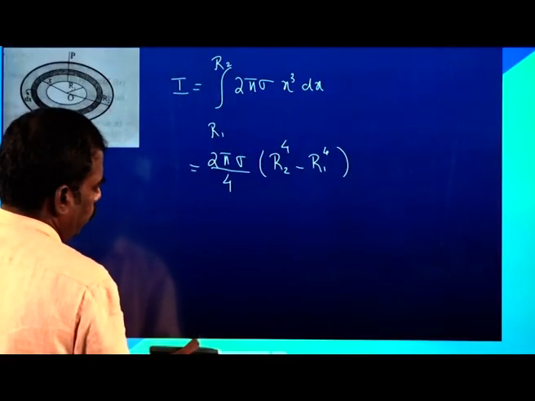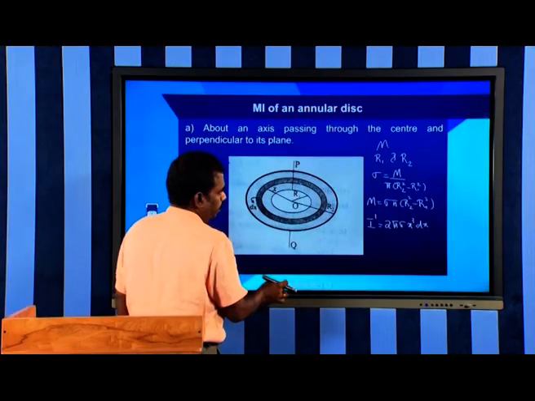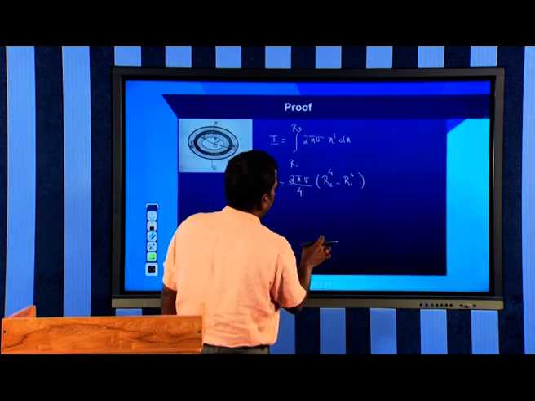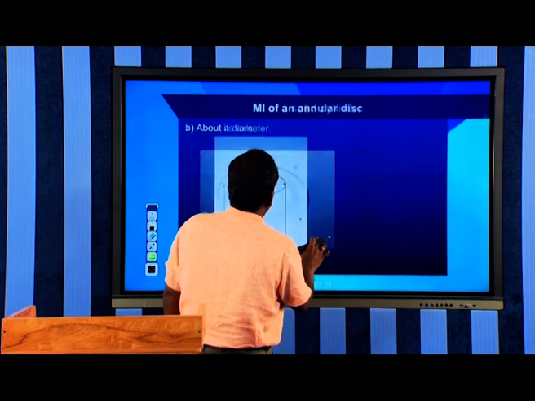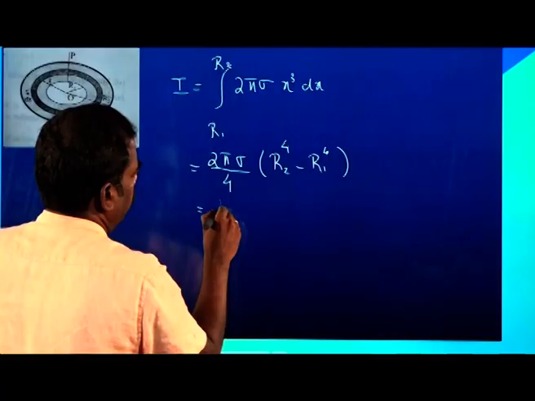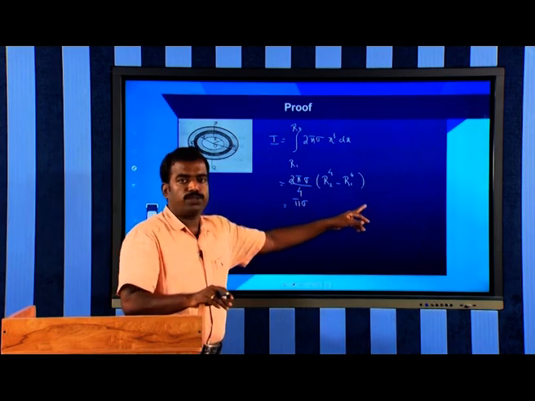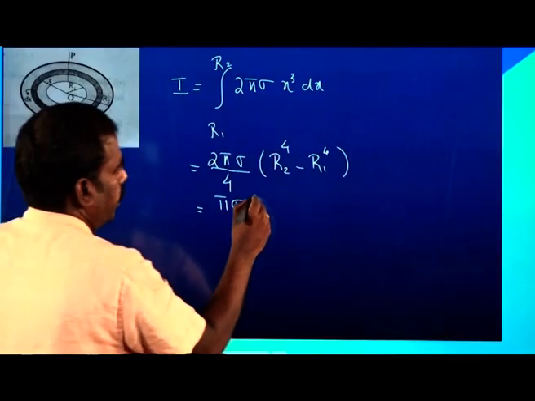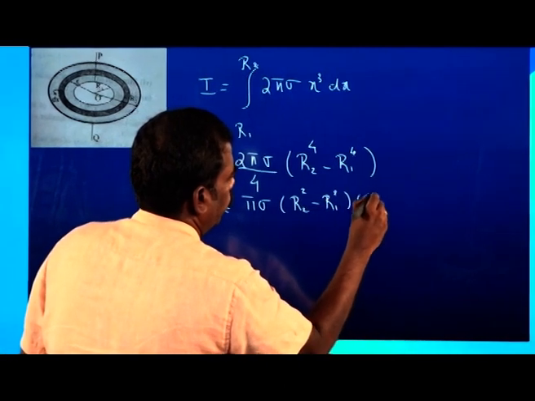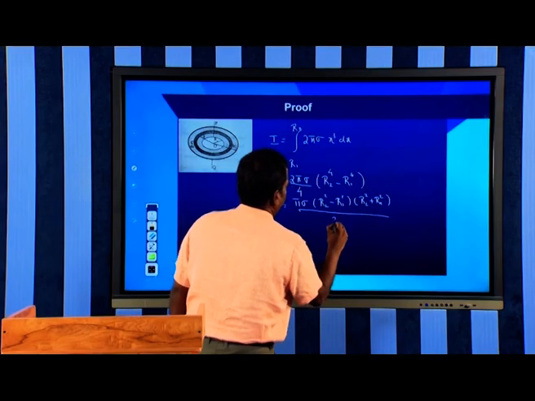Here also you can rearrange another thing. The mass is sigma pi (r2 square minus r1 square). We can rearrange this one: 2 by 4 cancels, it is pi sigma (r2 raised to 4 minus r1 raised to 4). Since a square minus b square is (a plus b) into (a minus b), it is (r2 square minus r1 square) into (r2 square plus r1 square) by 2.